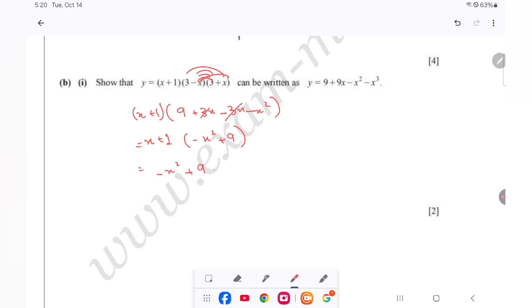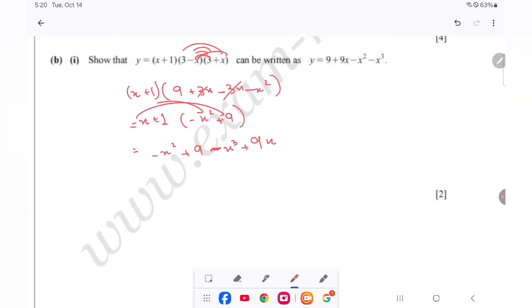Arrange the equation: first the x will multiply with this, and then this. Solve it further.